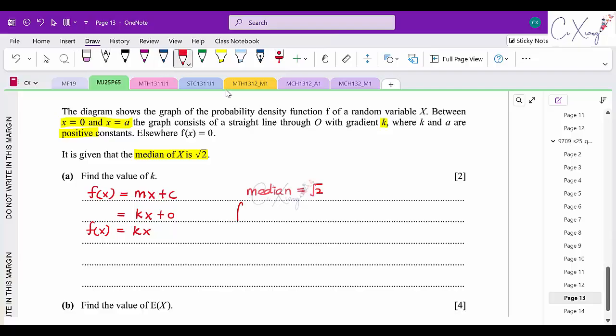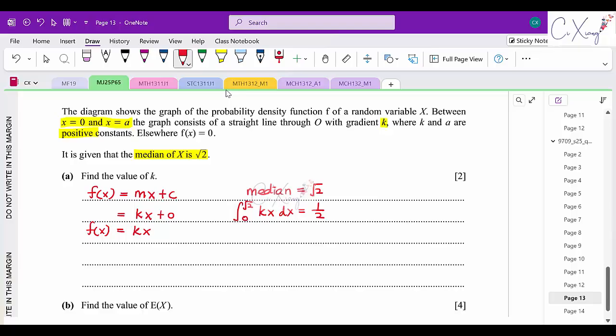It means that when you integrate from the minimum value until the median for this function, you'll get the probability of half, because from 0 to the median, it covers 50% of the whole data. So you can have the integral from 0 to √2 of kx equals half.